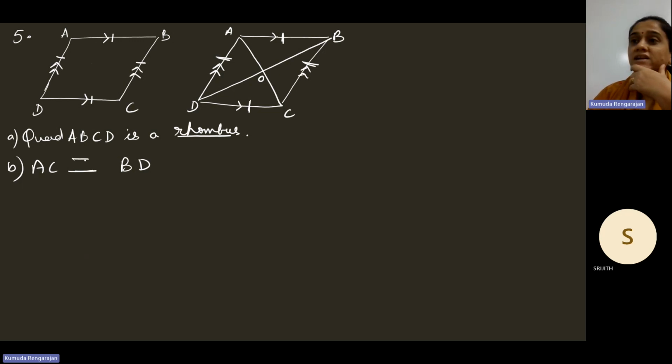Diagonals are not equal. Angle DOC is equal to 90 degrees. Equal to or not equal to?